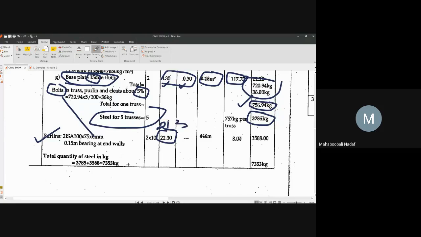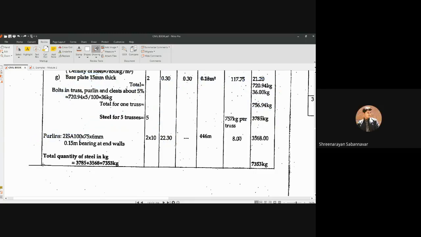Now for each purlin, how many ISA angles are there? Two, sir. Two ISA angles are there. Total, how many purlins are there in that building? Sir, 10.